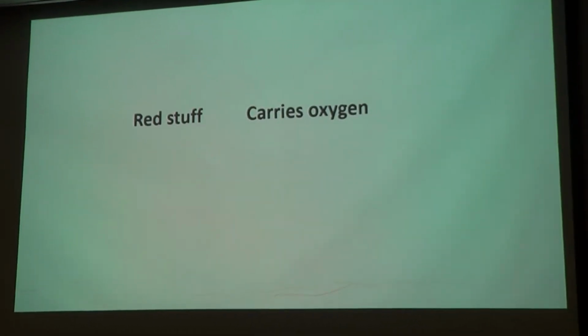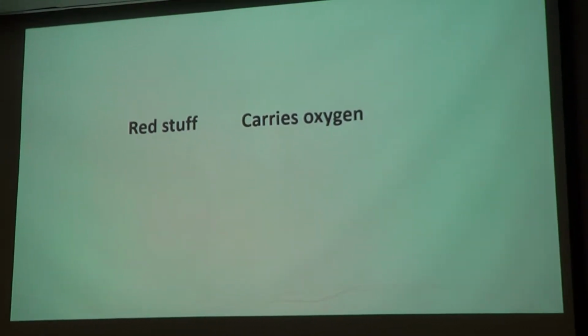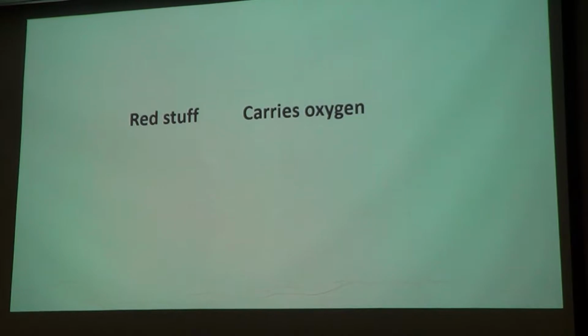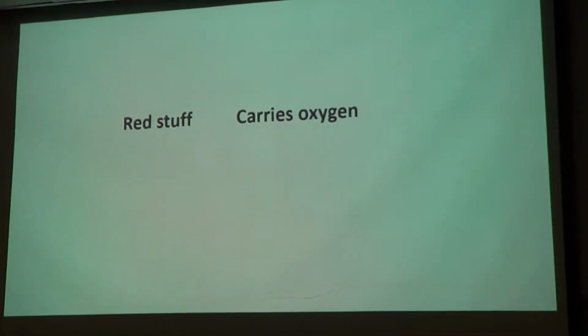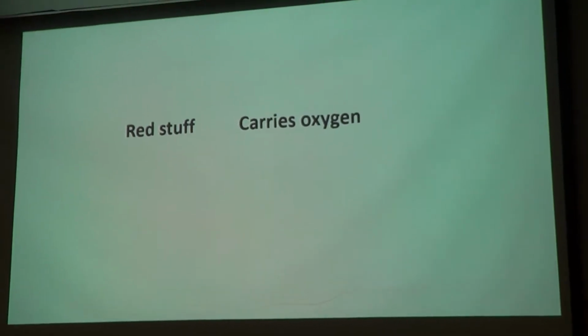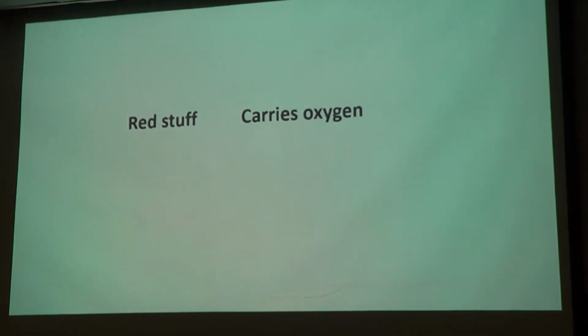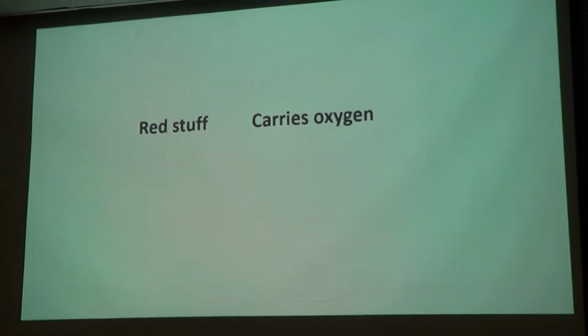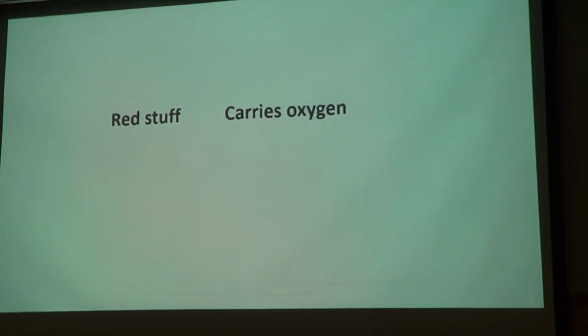Now each one that I described in the blood compartment has some function to do. Now you take the red stuff out, and the red stuff carries oxygen. We all know it. Hemoglobin carries oxygen. And that's the topic for next month. We have a hematologist going to come and talk to us.